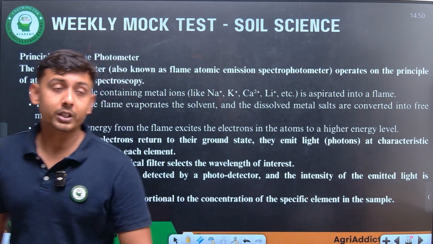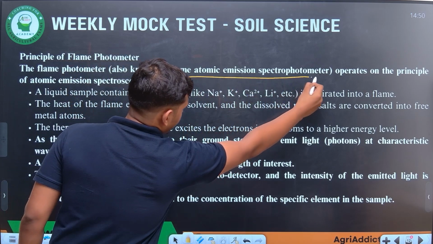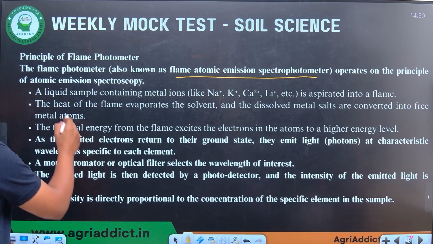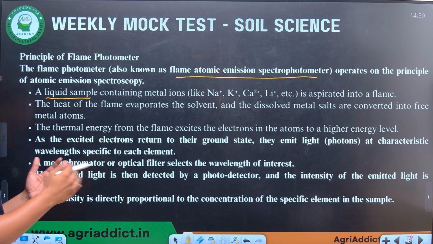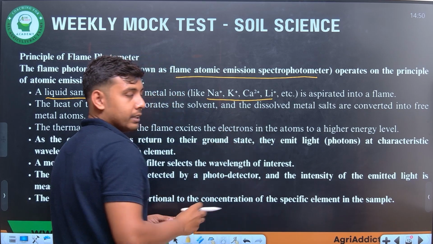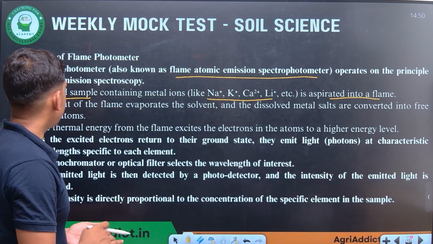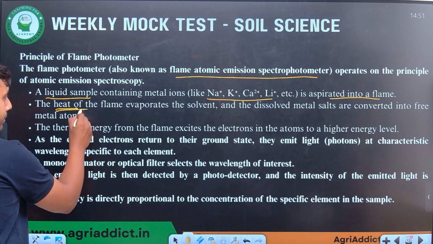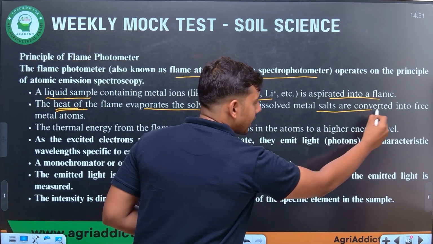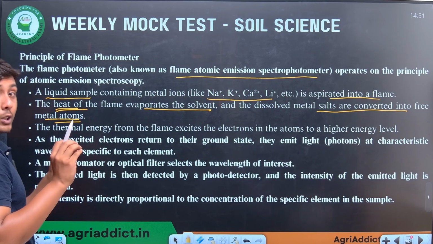The flame photometer is also known as flame atomic emission spectrophotometer. It operates on the principle that a liquid sample which contains cations like sodium, potassium, calcium, lithium is aspirated into a flame. What happens by that? The heat of the flame evaporates the solvent, and the dissolved metal salts are converted into free metal ions, free metal atoms.